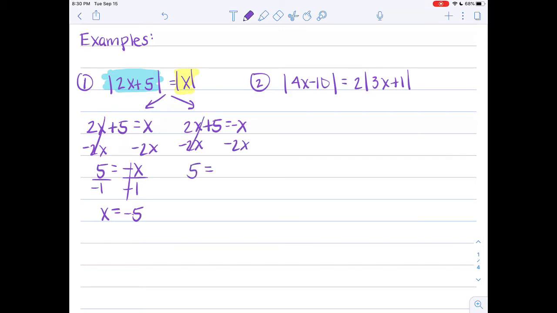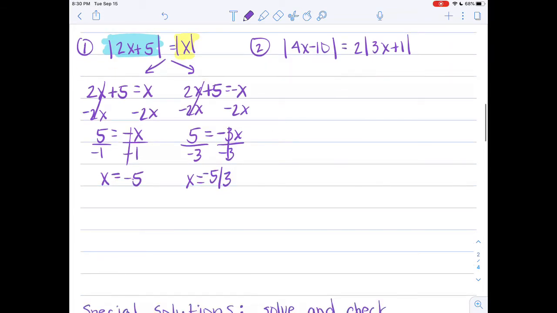This time it's negative x minus 2x, which is a negative 3x. We'll divide out the negative 3, leaving me with x is equal to negative 5/3. So writing this in set notation, as you will see it sometimes, x is equal to negative 5 or negative 5/3.